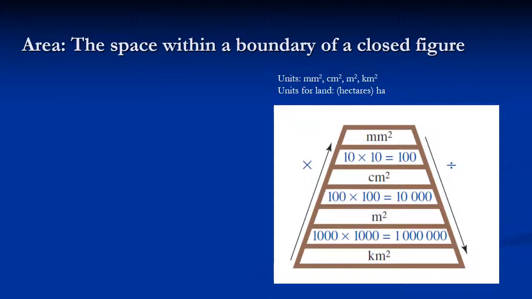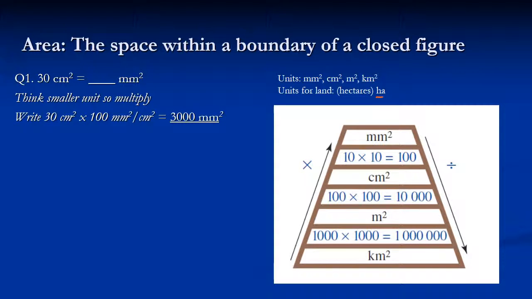The area is the space within a boundary of a closed figure. So we're going to use square units. For example, millimeters squared, centimeters squared, meters squared, or kilometers squared. And the units for land are hectares, and we use the symbol HA.